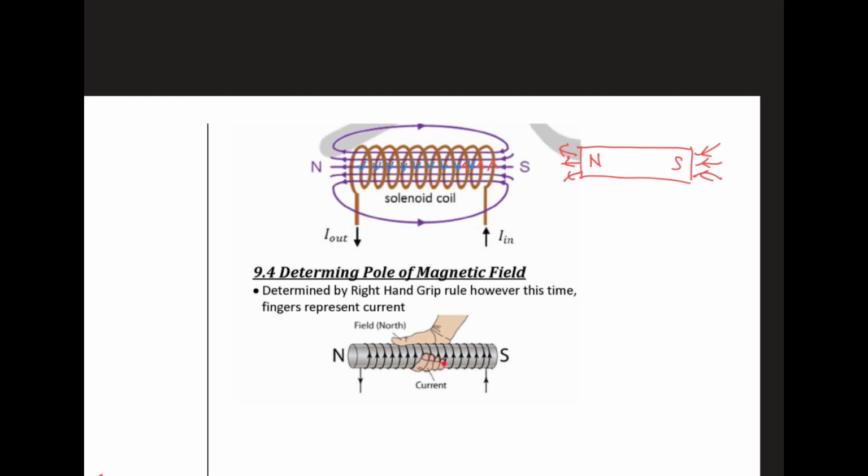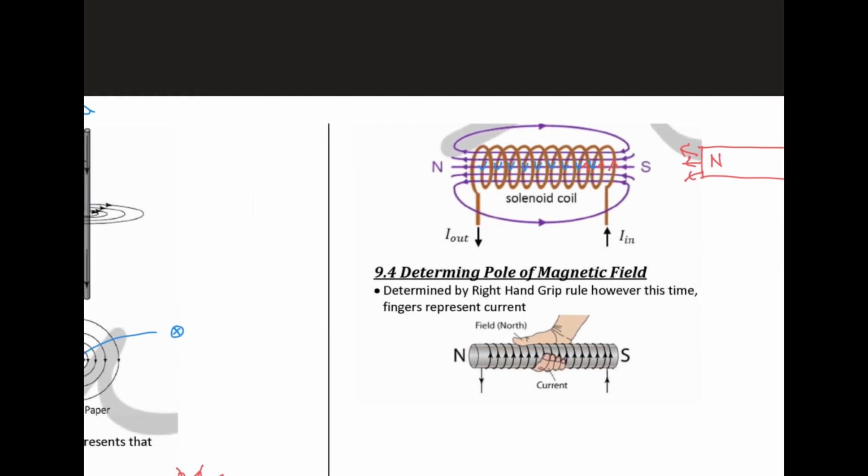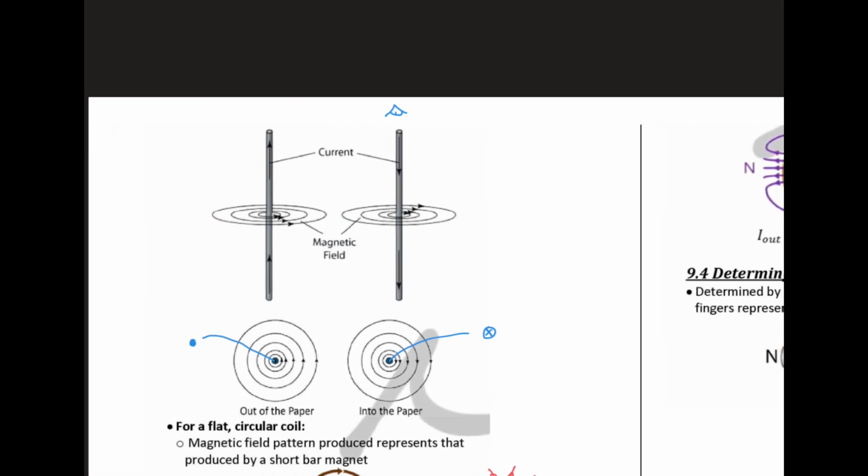For a solenoid, the four fingers represent the direction of the current. As you can see, the front part is pointing up, and the back is where it points down. Then your thumb is to the left, so your thumb points to the north direction. That's why here is north, and the other side is south. So we use the right hand grip rule, but the fingers represent the current and the thumb represents north. It is different already, so make sure you know about that.